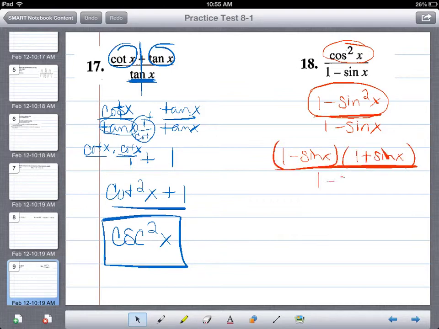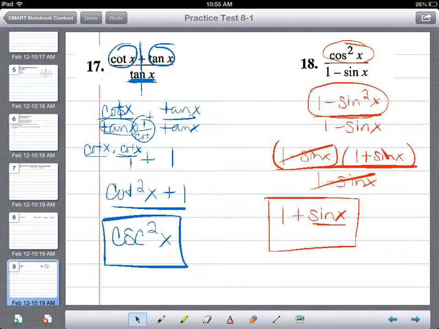And that's over 1 minus sine x. You can see that the 1 minus sine x's eliminate. They are now canceled, so now I have 1 plus sine x. There's no other way of doing this other than having the two terms, but yet I am down to the one single trig function in my expression, and that's as far as I can go.